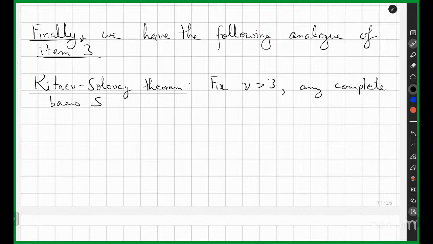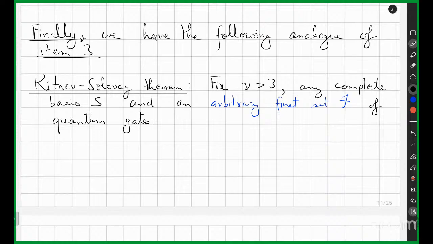Fix any complete basis and an arbitrary finite family of quantum circuits. The depth and size here are positive.